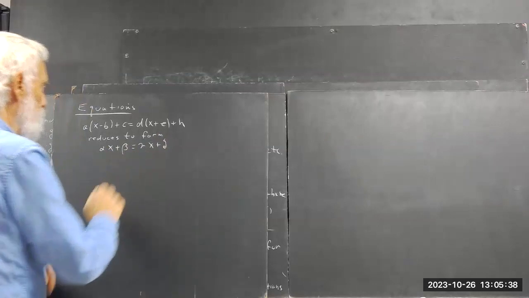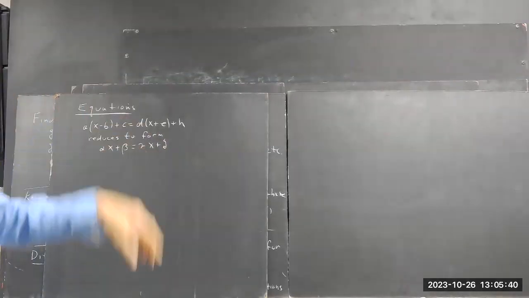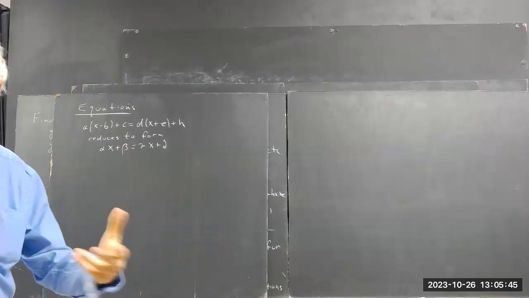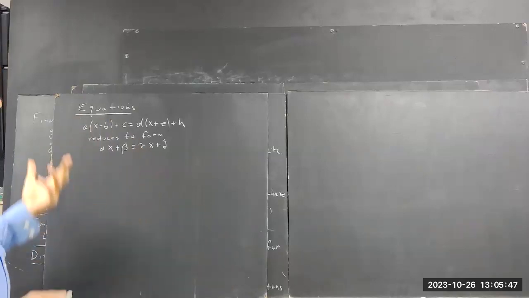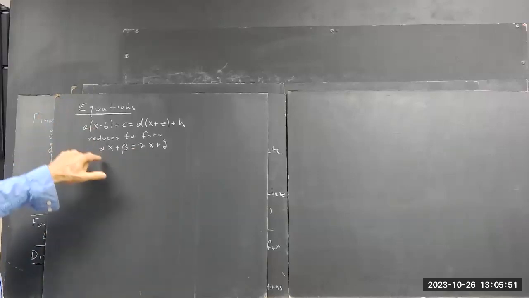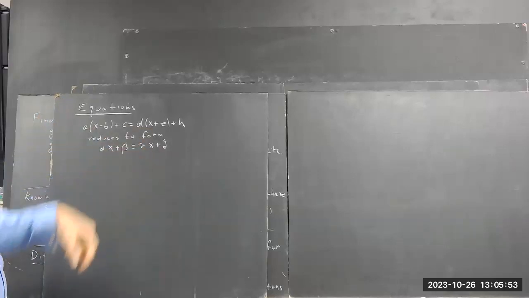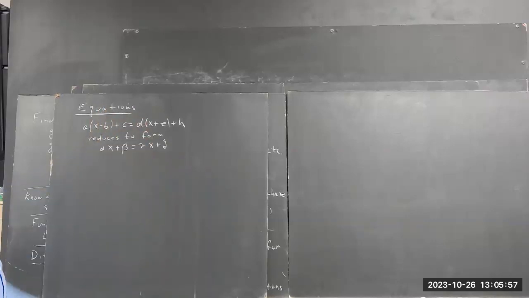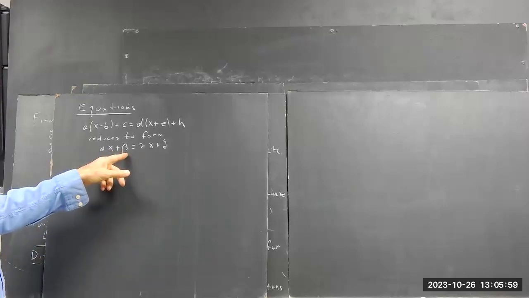these are Greek letters here because I don't want to use A, B, C, and D, and E, and H. I don't want to go any further into the alphabet because I don't remember it. Actually, I do. You reduce it to this form. You're going to have an AX, and a DX over here. So this will actually be A and this will actually be D, but I'm not going to write that out. This is just going to be a number.